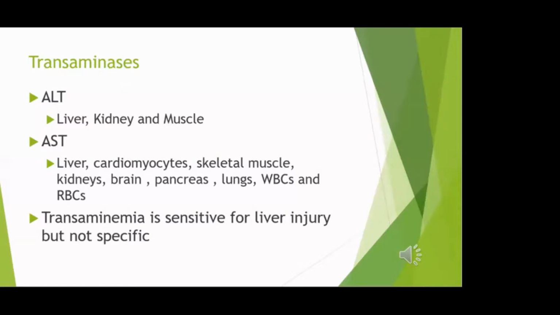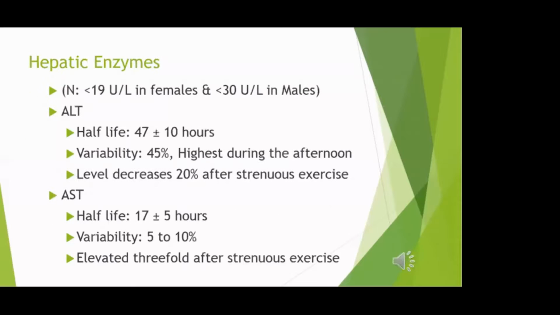It can also occur in other non-hepatic diseases, especially if you have hemolysis or rhabdomyolysis, knowing that these transaminases also occur in other organs of the body, and even in anorexia nervosa, bowel infarction, celiac disease, among others. These are the normal values.